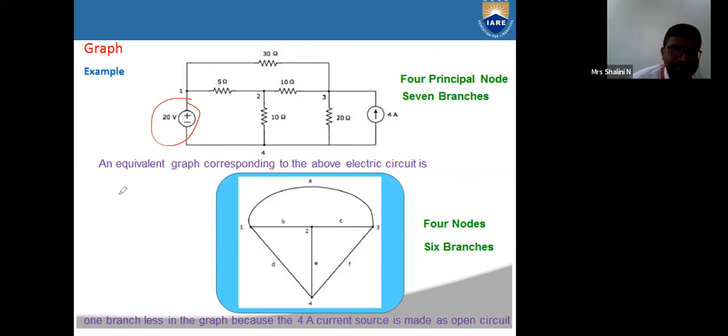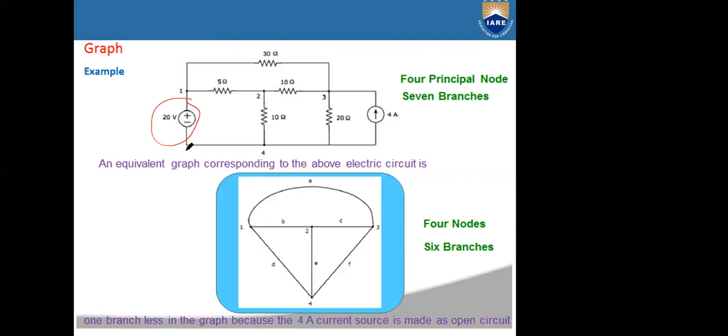Listen here. In your graph, first of all, identify the nodes. How many nodes will be there? Tell me. 3 nodes? 4 nodes will be there.